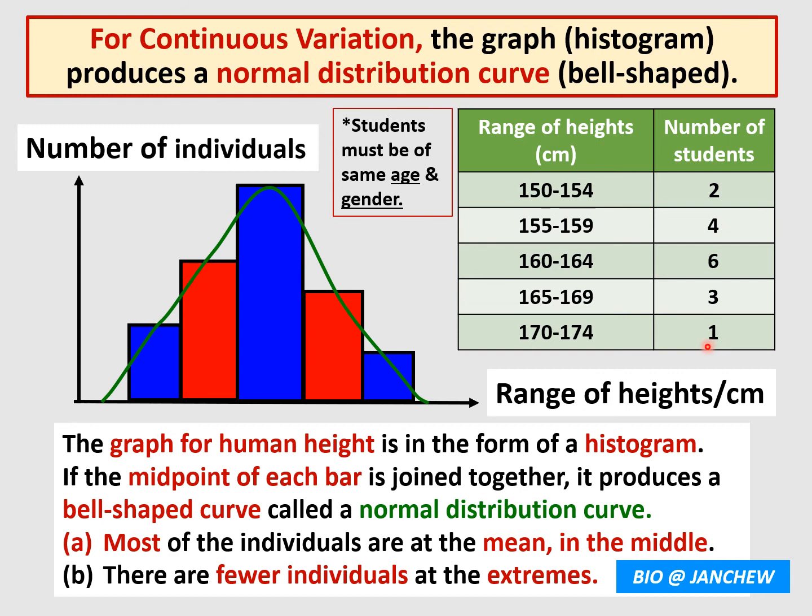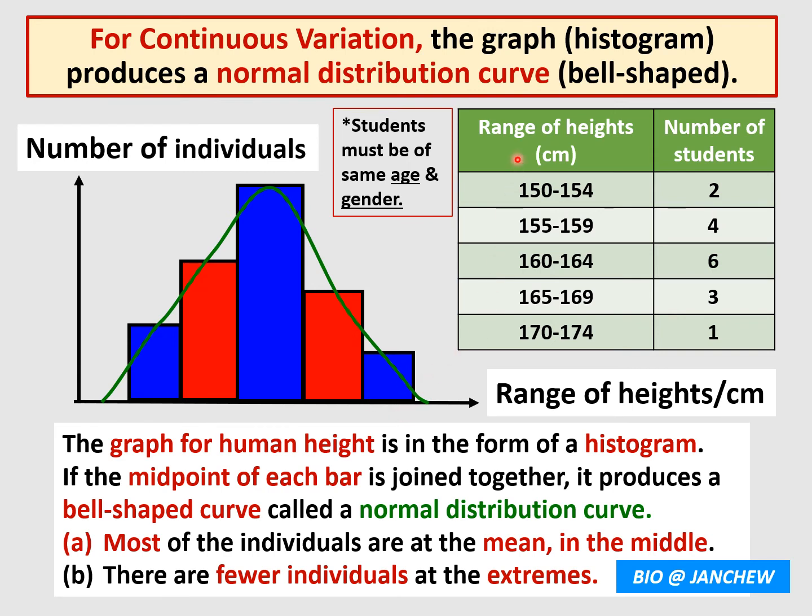All right, if you mix up the gender, you may not be able to get the graph that is typical for continuous variation. Okay, now, after you have filled up this table, it's time to draw the graph of number of individuals against the range of heights. So you may have plotted this type of graph in maths before.